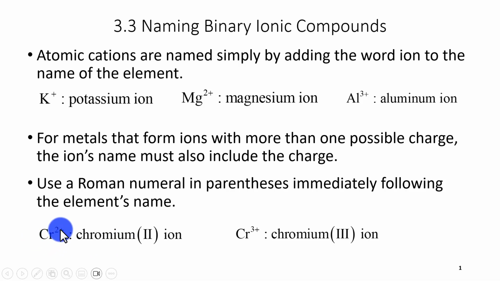So Cr2+ is chromium, the name of the element, followed by the charge in Roman numeral, so II in parentheses. That II tells me it's the 2+ ion. The Cr3+, therefore, will have the name of the element, chromium, followed by the Roman numeral III in parentheses. So chromium(III) ion.